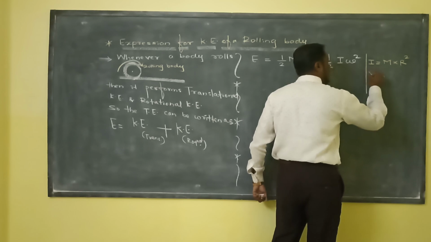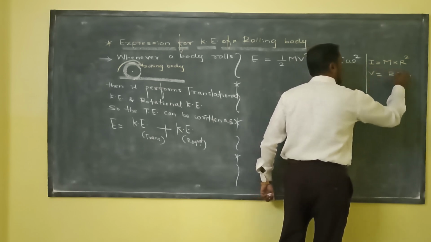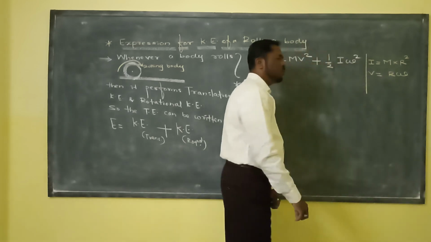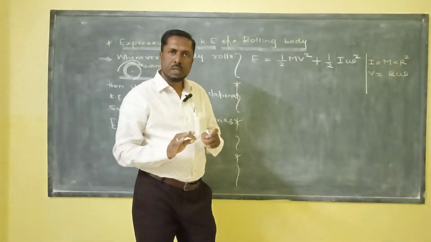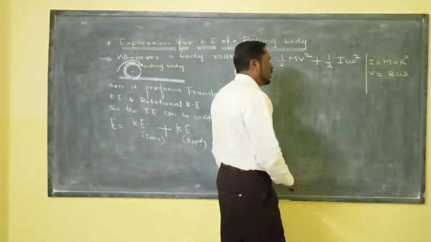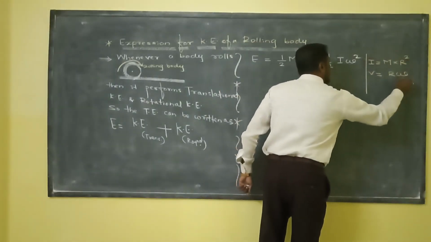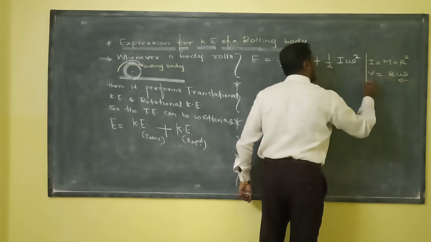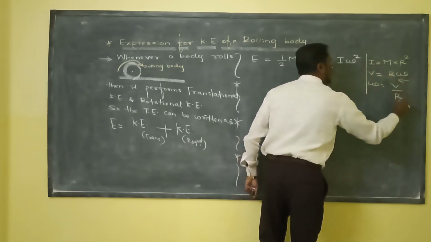Also, we are well familiar with the relation between linear velocity and angular velocity, that is v is equal to r omega. You can write r in capital R or small letter also. v is equal to r omega, so omega is equal to v by r.